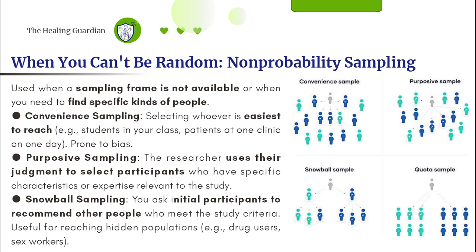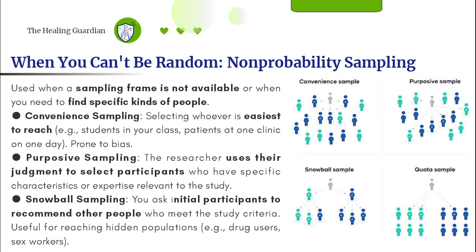In convenience sampling, you select whoever is easiest to reach. Say I will go to the main market, and I will survey shoppers at the main market, since it is easy to access them. You are doing convenience sampling, and it is prone to bias because you are the one who decides. Purposive is the same as judgment sampling.